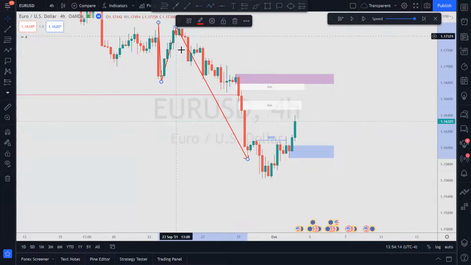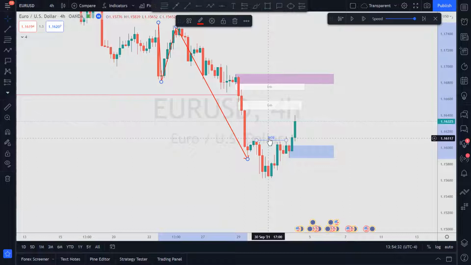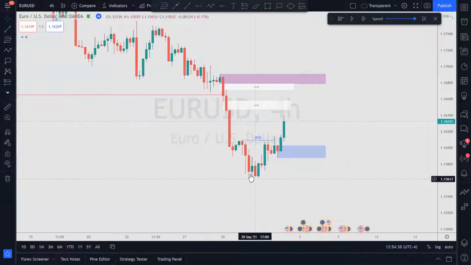That's one leg of structure. And then you have the lower high, lower low. We broke this structural point. That means price is going to return at some point to the impulsing order block that sent it past the structural point. It works the same way on every time frame. Just bear that in mind.